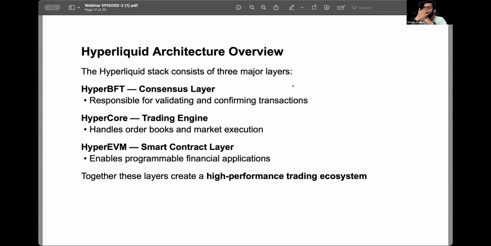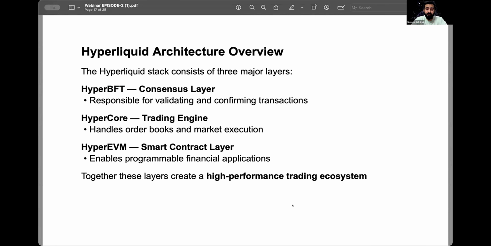It is a non-EVM BFT layer. Then there is HyperCore, the trading engine of the Hyperliquid ecosystem, which handles the on-chain order books and executes the market orders. Who remembers how many trades are executed on Hyperliquid every single second?